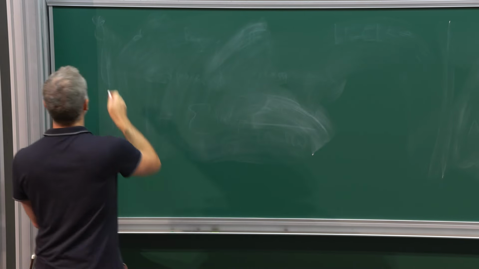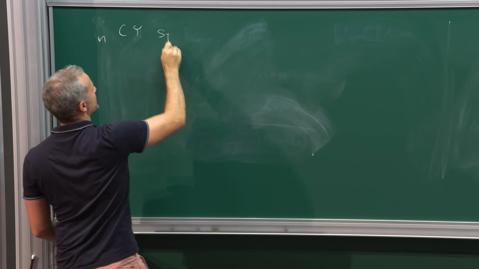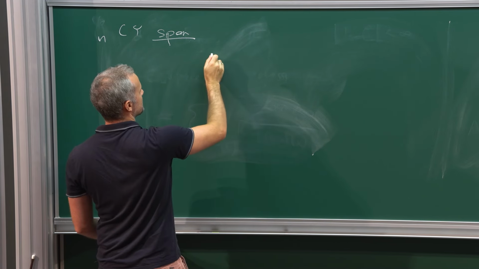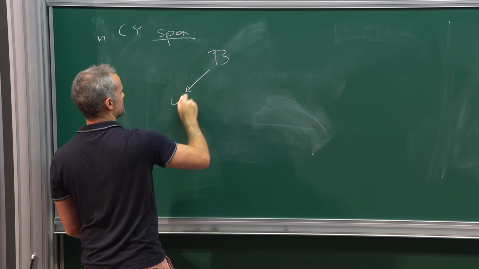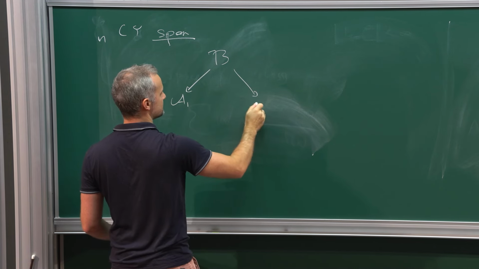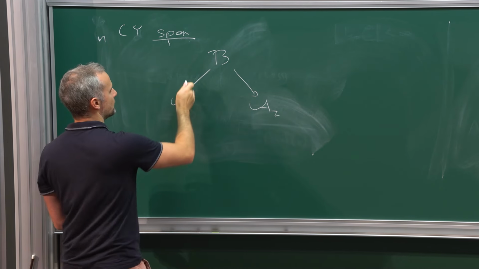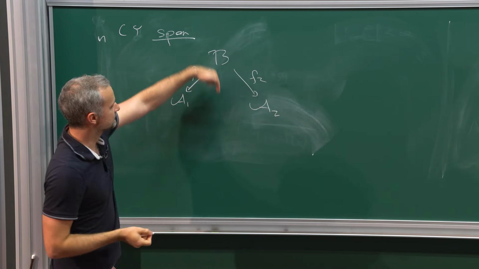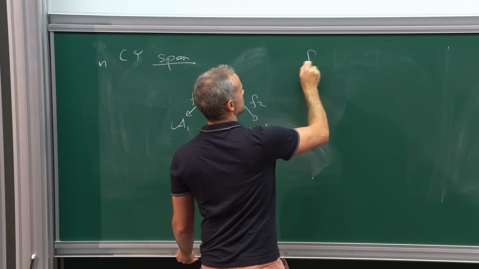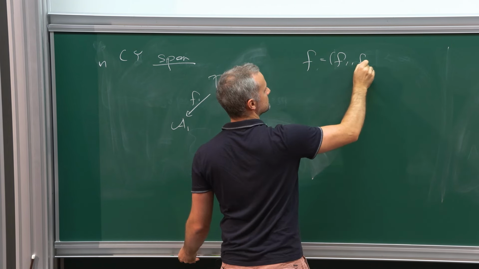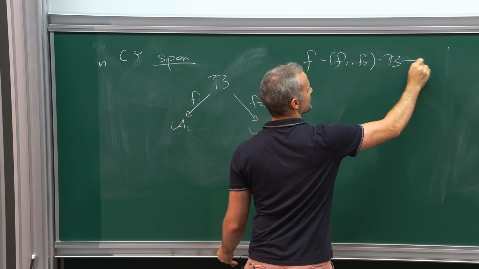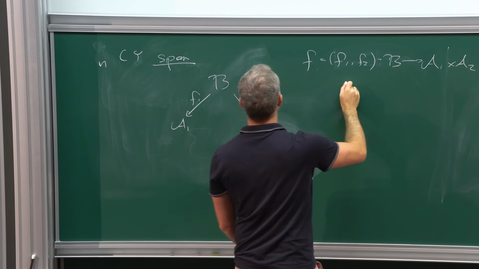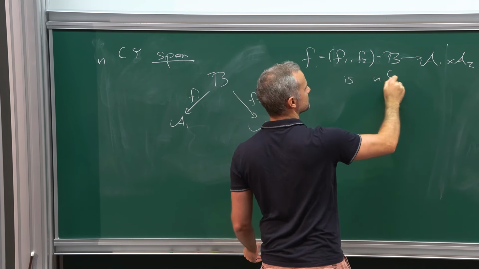So what's an n Calabi-Yau span? Well, it's some kind of diagram where you have a DG category B mapping to DG categories A1 and A2, and the total functor F from B to the product is an n Calabi-Yau functor.